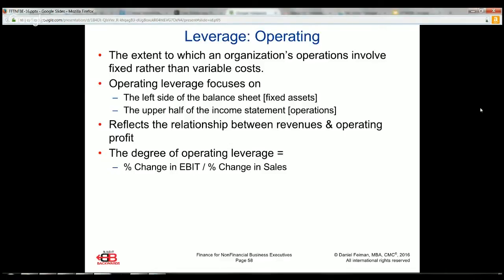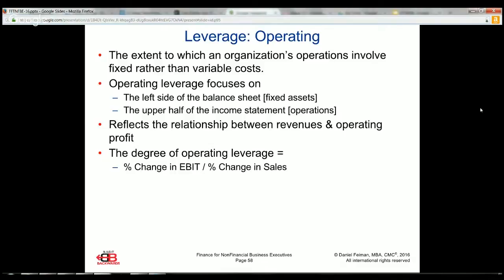And this is really what we're looking for. It's a way to measure the relative leverage of our organization. And it will predict, based on this, the amount of change that we'll have. So if sales increase by 20%, our degree of operating leverage is 4.